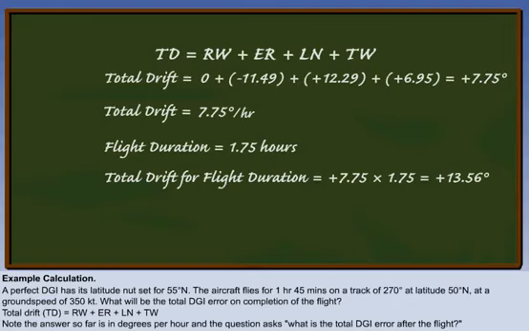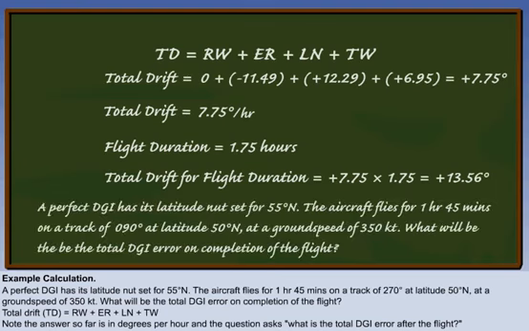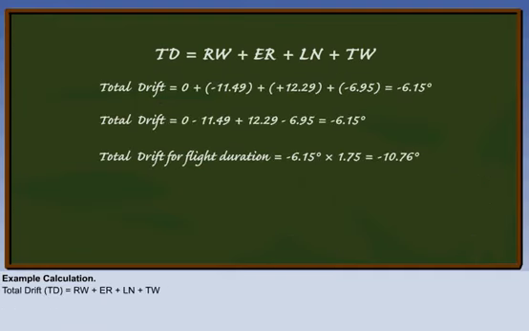Work through the example again, using the same information, but this time put in an easterly track of 090 degrees to appreciate the difference this will make to the total drift experienced over the same period of time. You should have the total drift experienced over the duration of the flight as minus 10.76 degrees.